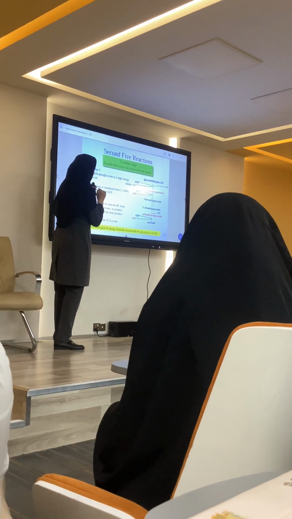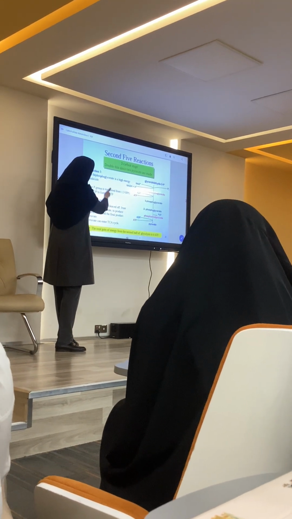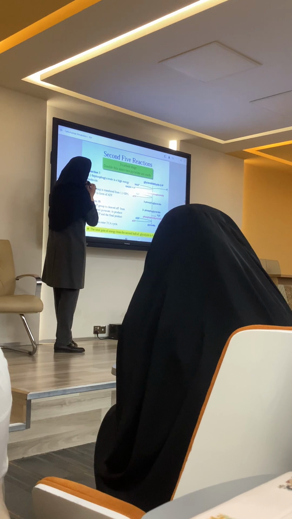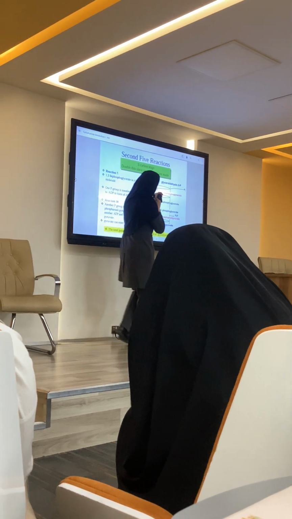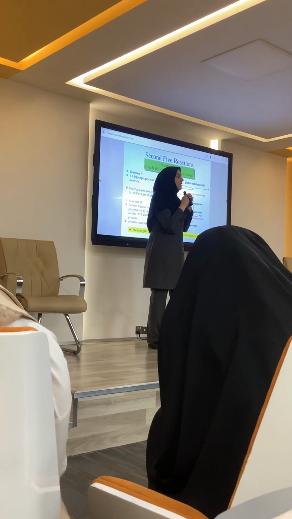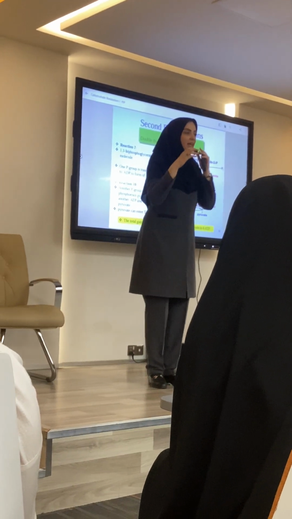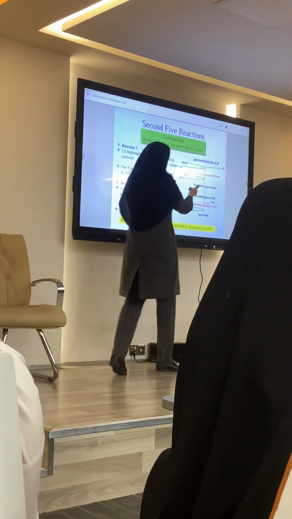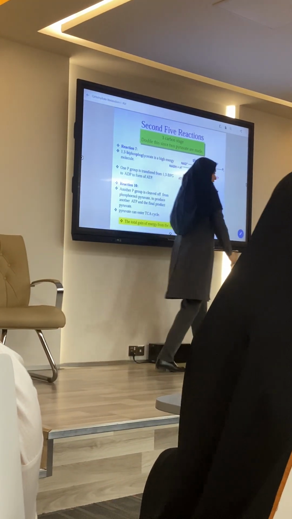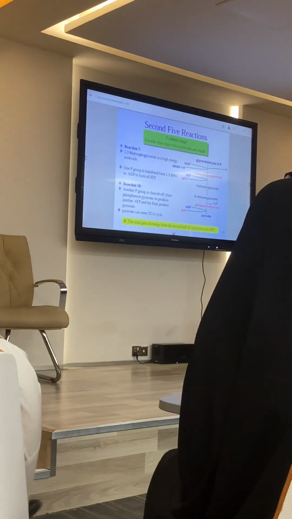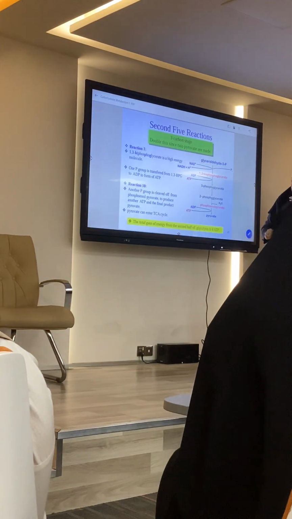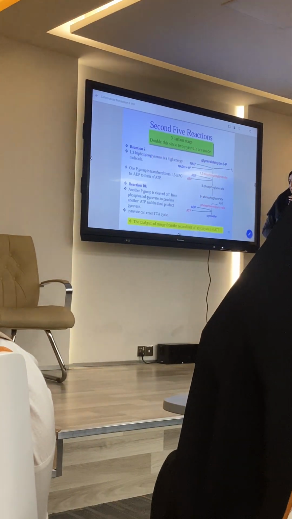At first, it's better to have a review on the main importance of the second point. As you can see here, as I mentioned, whenever you have a phosphate in the molecule, it means that it has high energy. So the red lines are high energy molecules, okay?